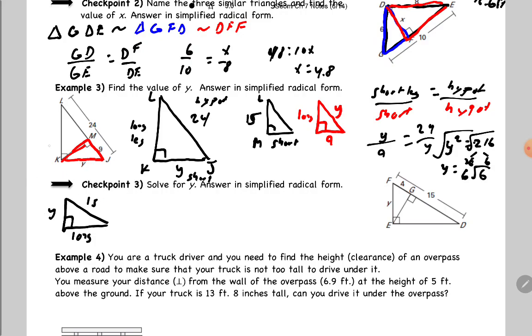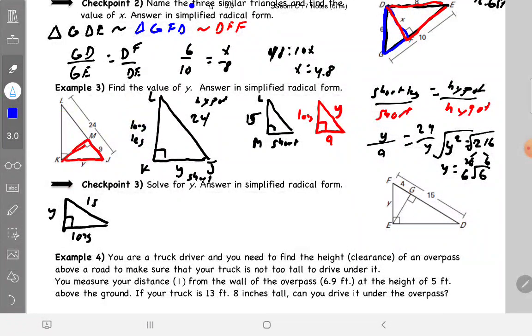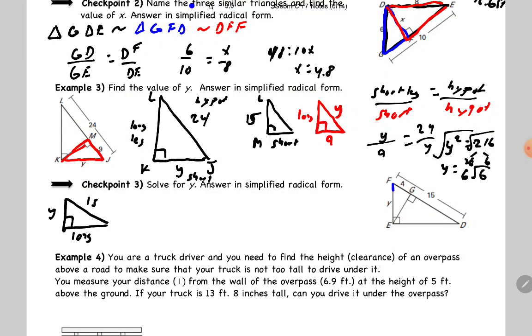Okay, let me use a different color here. Let's do the blue triangle. So again, short, long, hypotenuse. Okay, the hypotenuse of the blue triangle is y this time. Short leg is 4. And we still don't know the long leg.